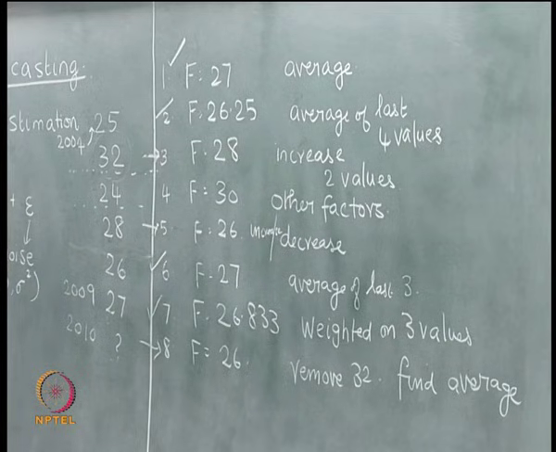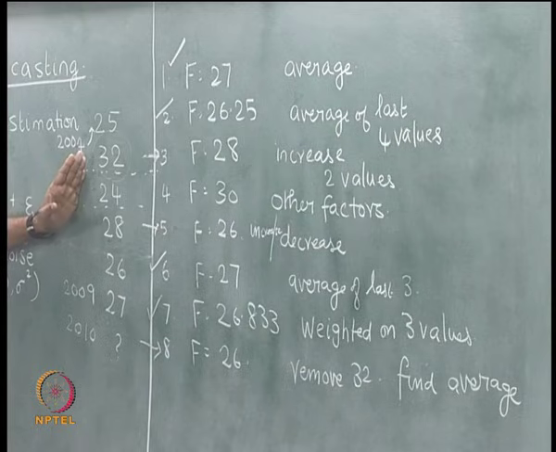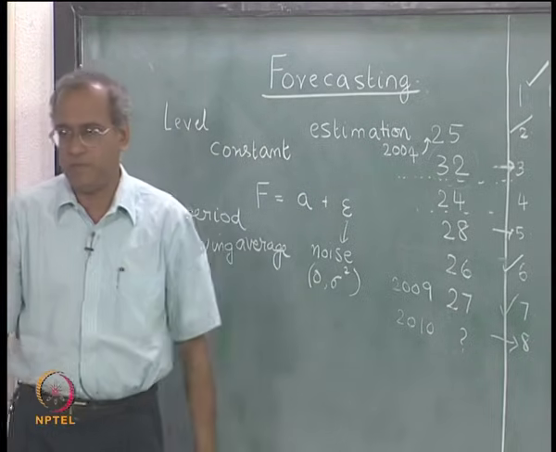Now, when I introduced these values, I said these would represent the demand of a particular product, and the only thing that we have right now here is how the demand behaves with respect to time.